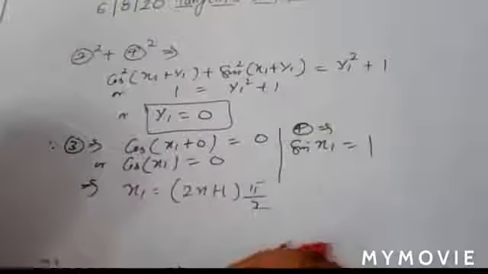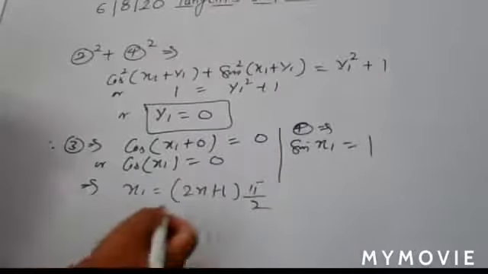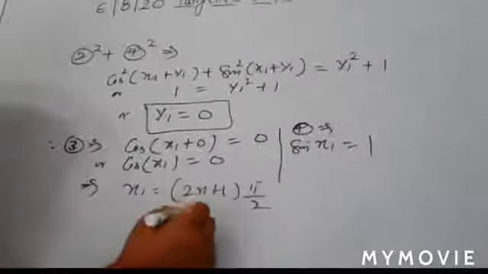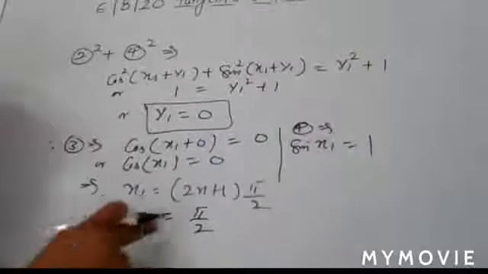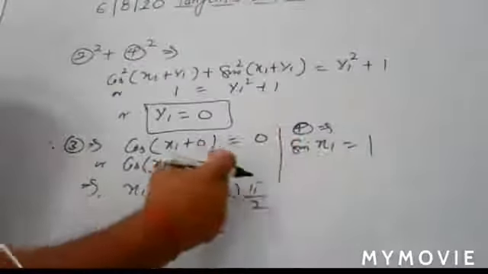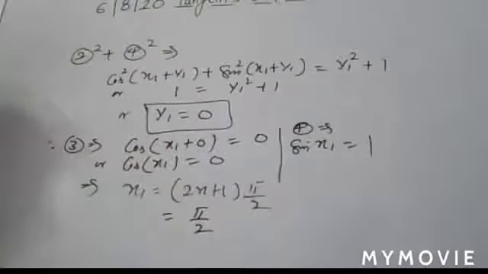Any doubt? Beta, any problem up to here? No, sir. Okay, beta. So if you are putting n is equal to 0, you have pi by 2, and that value pi by 2 satisfies these two, means sine pi by 2 is 1 and cos of pi by 2 is 0.